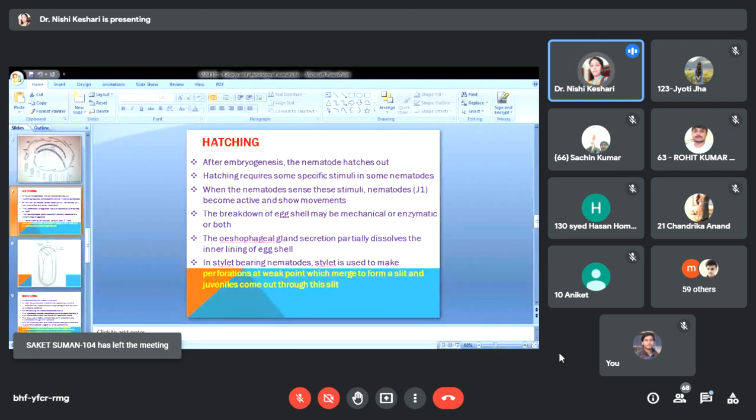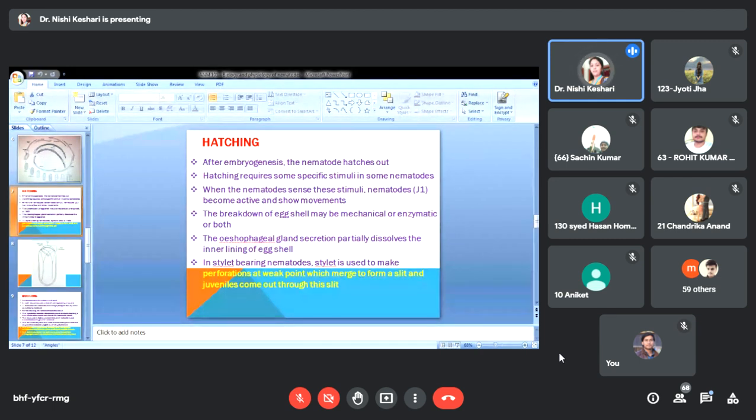Suppose Heterodera zeae is lying there in a cyst, and when the maize crop is grown, there are roots of maize and with the maize roots some secretions will be there. Then they sense the secretions, and the J1 inside the egg, the first stage juvenile, becomes active and shows movements.